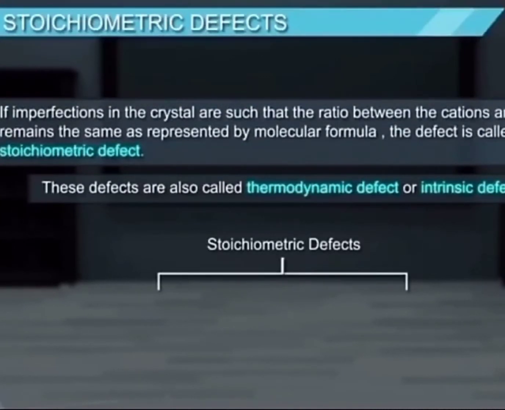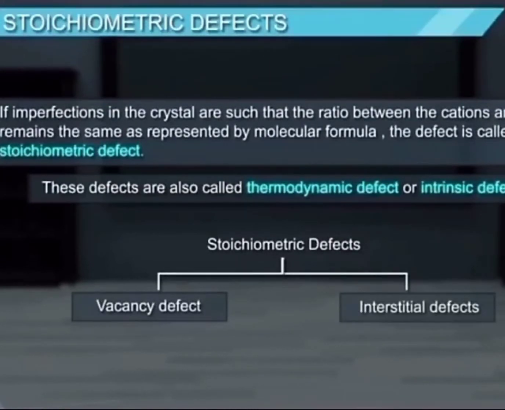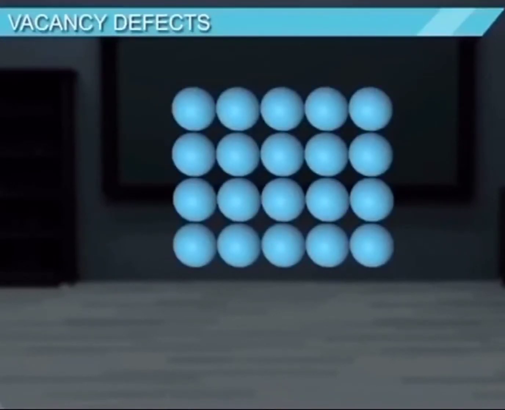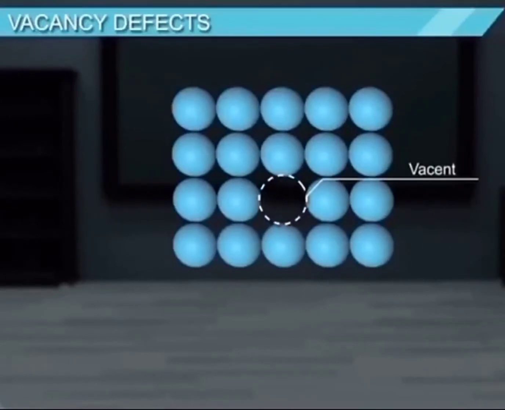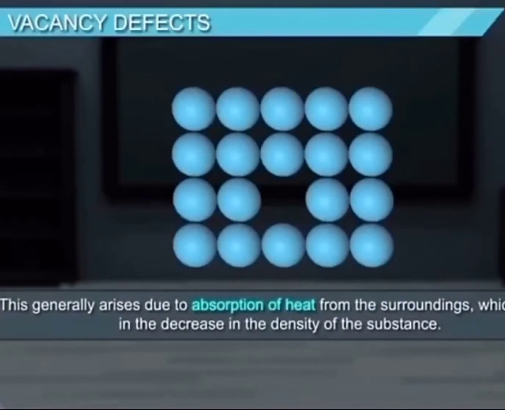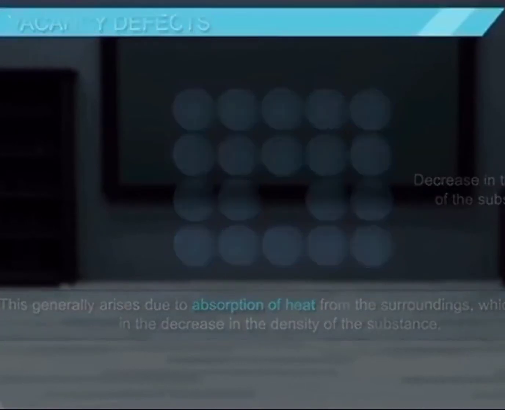Further, stoichiometric defects are of two types: vacancy defect and interstitial defect. Vacancy defect. When some of the lattice sites are vacant, the crystal is said to have vacancy defect. This results in decrease in density of the substance. This defect develops when a substance is heated.